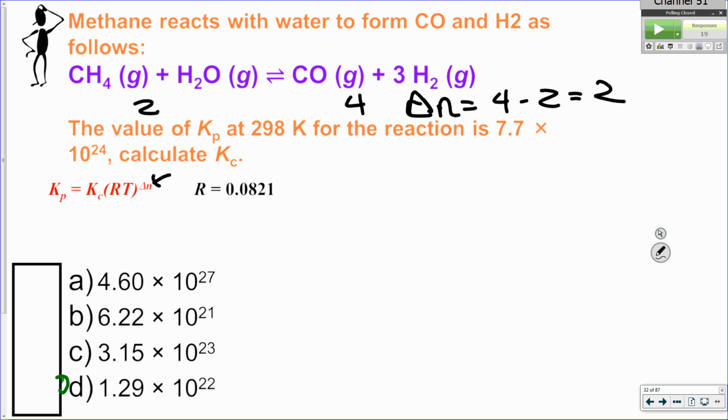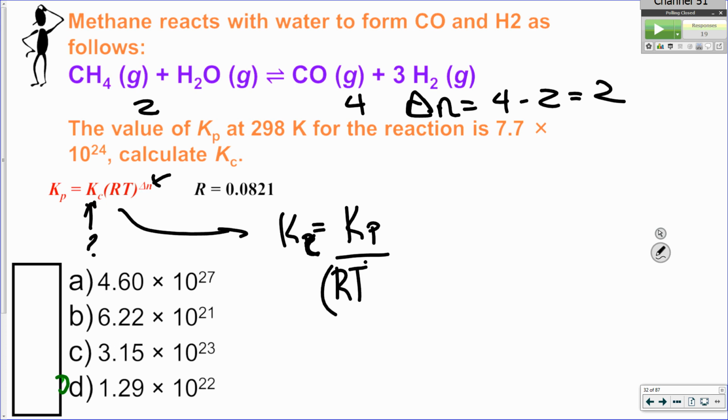So I want to know what K sub P is. I'm just going to plug everything directly in my equation. K sub P is equal to K sub C. No, I'm looking for K sub C. So this is my unknown, so I've got to rearrange for that. K sub C is equal to K sub P divided by RT raised to the delta N power.